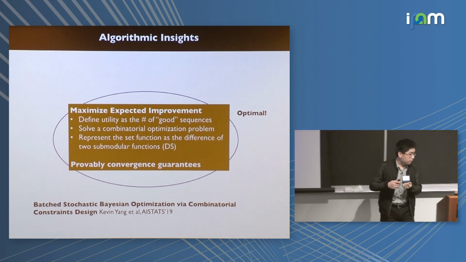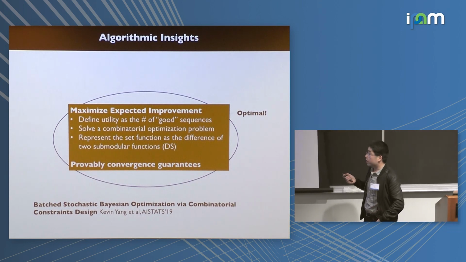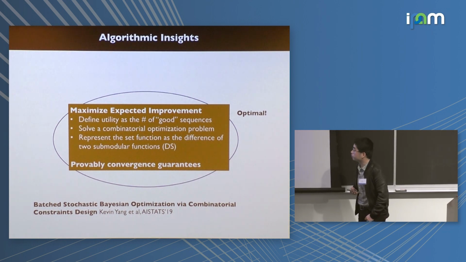One thing that is novel for this problem is that even though we know that we cannot solve a non-submodular function in an optimal way, we could find an efficient procedure to find a local optimum for this combinatorial optimization problem.